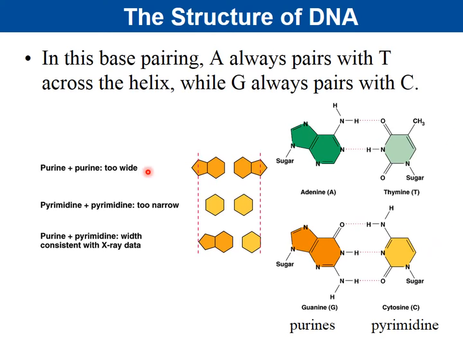And notice that if you put 2 purines together, that would be too wide. If you put 2 pyrimidines together, that would be too narrow. However, if you match a purine with a pyrimidine, and that's the same going all the way down the strand of DNA, what you're going to get is a DNA double helix with uniform diameter. And this was consistent with the X-ray data from Rosalind Franklin.